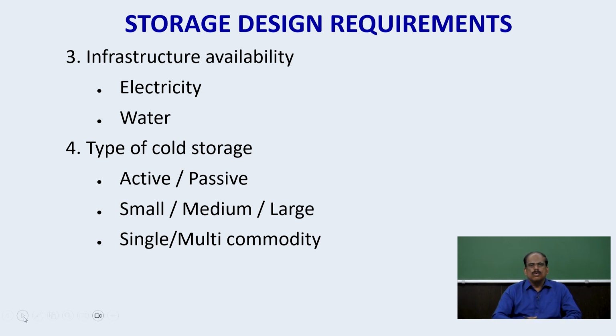Suppose if you want to store multiple products, different products, then we need to go for a cold storage which has multiple cold rooms. It could be located in different floors, ground floor, first floor, etc.